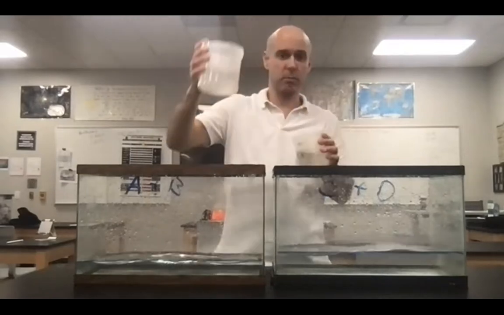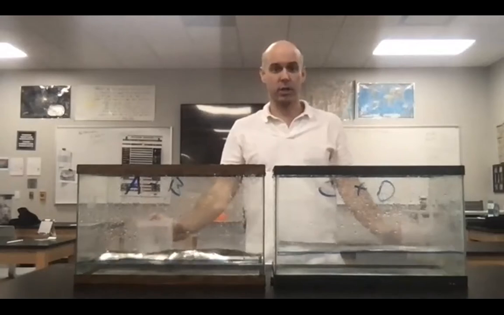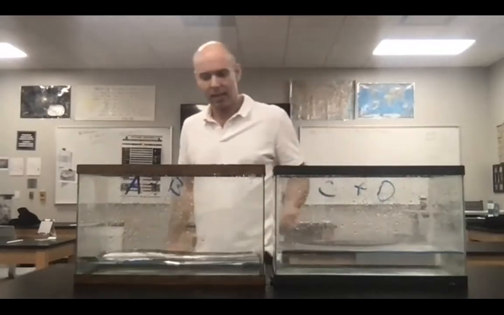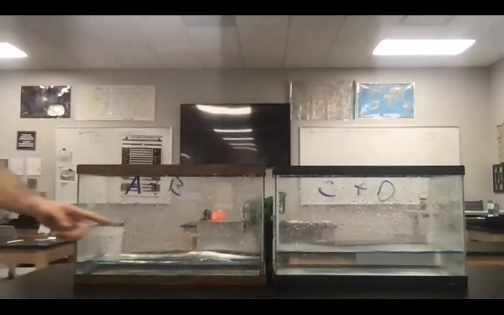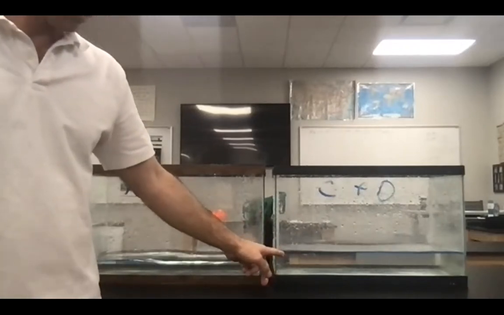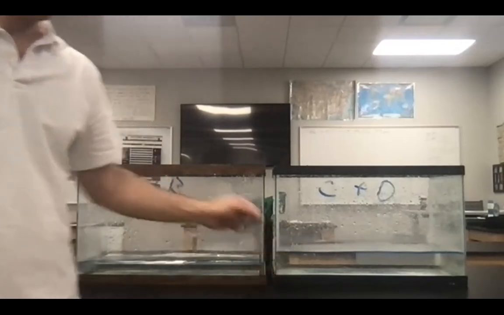So now it doesn't matter if I keep adding this, the levels are not going to change. And so you can see as soon as the water stops rippling that the levels are the same as they were when we started with all reactants. Okay, so we have reached equilibrium.